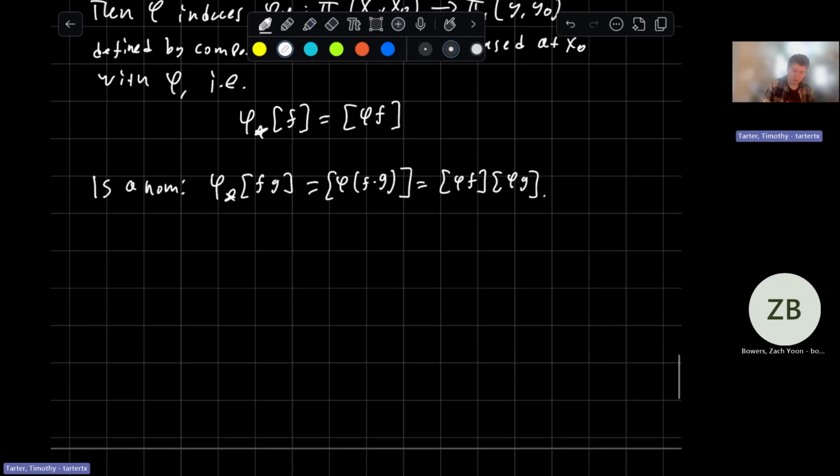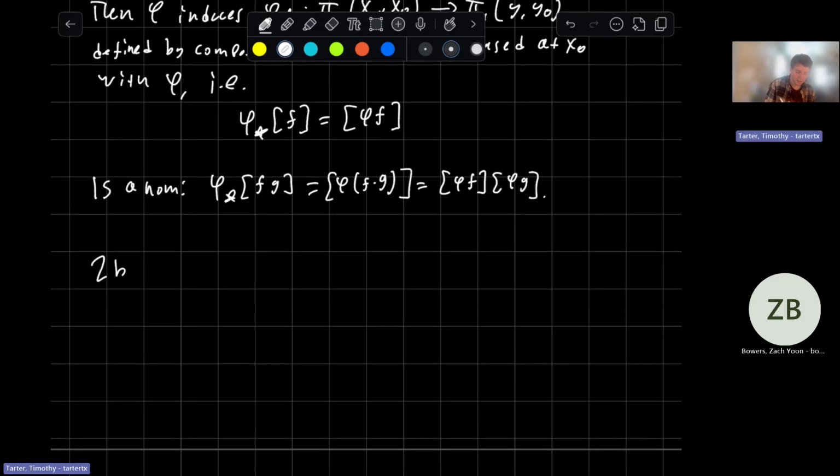So, two basic properties of induced homomorphisms.